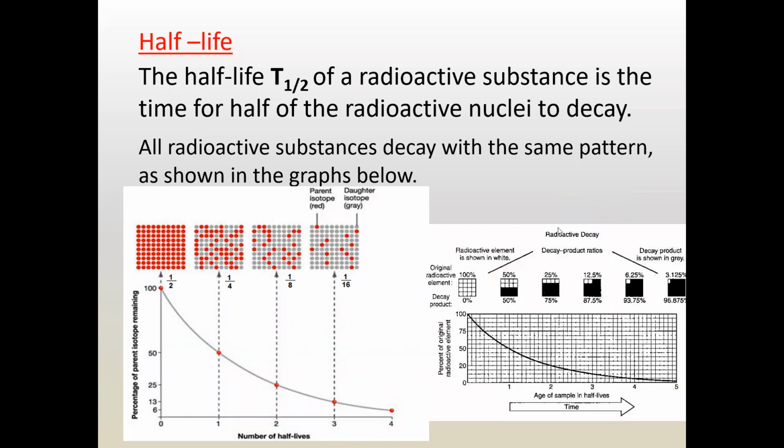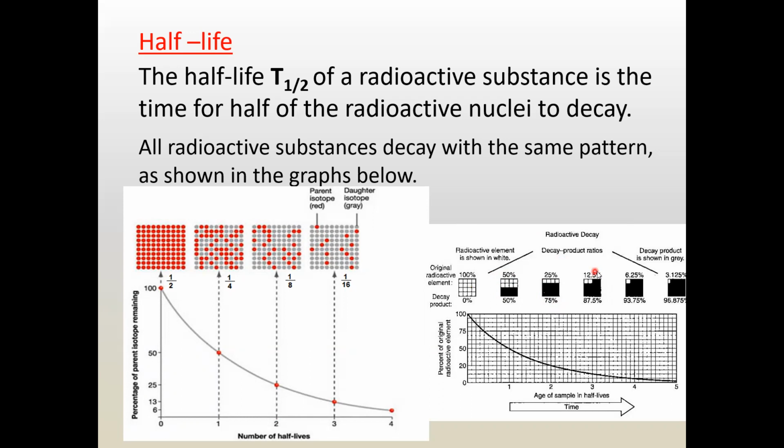In another image you can see, if we have 100, all 100% is radioactive. After a half-life, 50 is radioactive. Basically the black shade represents stable and the white shade represents unstable. In the beginning, 100% unstable. After the first half-life, 50 stable, 50 unstable. After another half-life, 75 will be stable, 25 unstable.